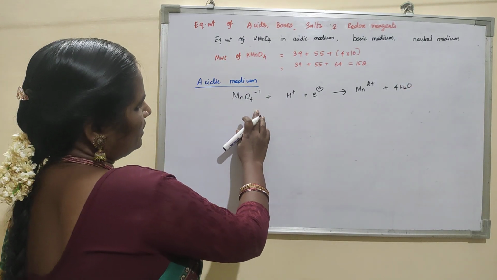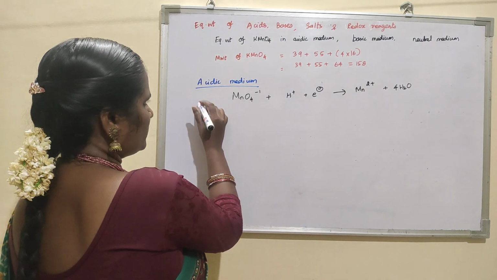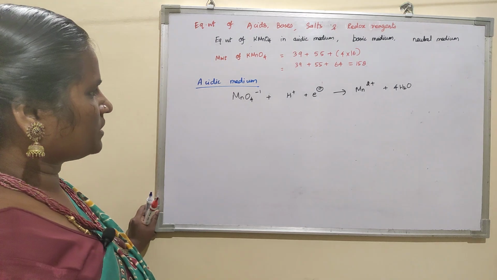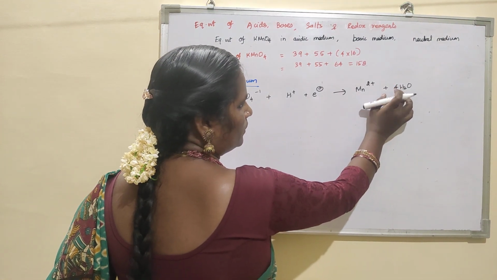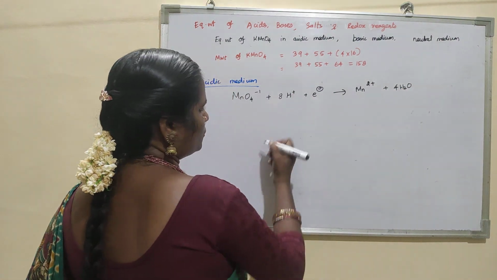If you see in this reaction, the charges are unequal. Here overall minus 1, here plus 2 is there. So we have to nullify the charges on both the sides. As there are 4 into 2, 8 hydrogens, we have to supply 8 H plus.